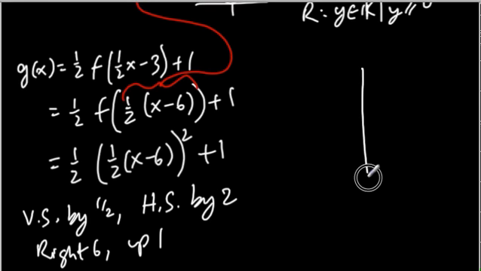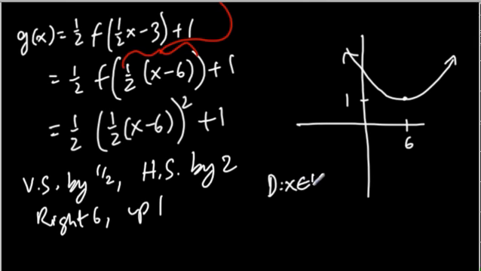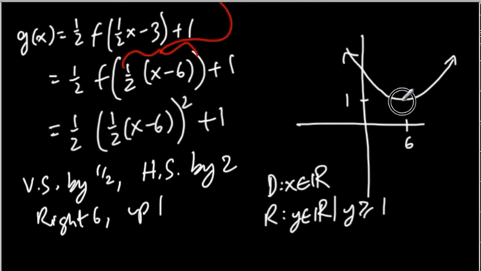So it'll go something like this. The domain is x is an element of reals, and the range is y is an element of reals, and y is greater than or equal to 1, because it starts at 1 and then goes up.